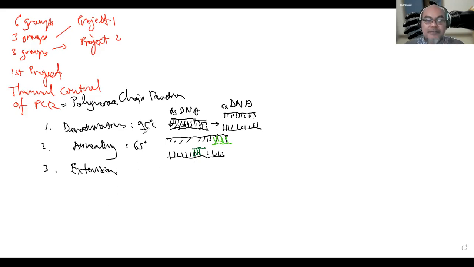So then during the extension step, which is usually done at a little bit higher temperature, let's say 72 degrees Celsius, in that liquid pool there will be many materials of the DNA, the adenosine, guanine, cytosine, and thymine, the A, G, T, C nucleic acid bases. So that will form during the extension. This will bind to the complementary sequence of this single-strand DNA to complete this whole sequence.